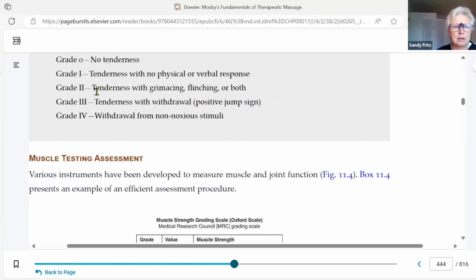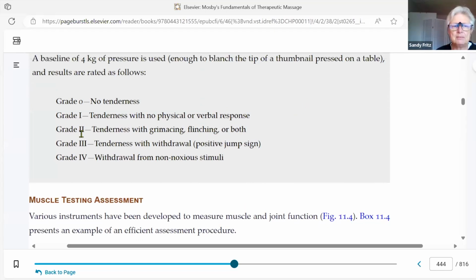So when we are assessing, we want to stay here in this tenderness without a physical or verbal response. And then you want the person to externalize that. You want them to tell you, yeah, that's where it's at. Sometimes they won't process it until it's into a grade 2, and then they will notice it.